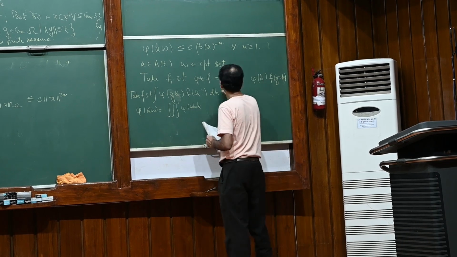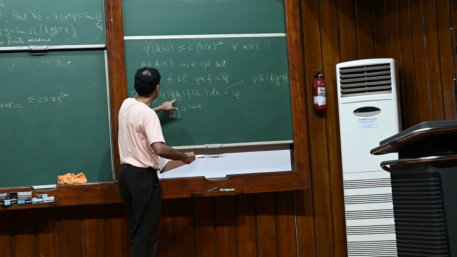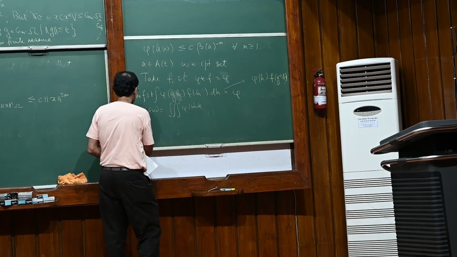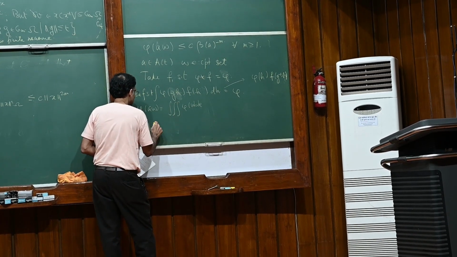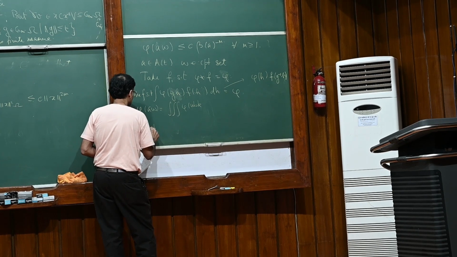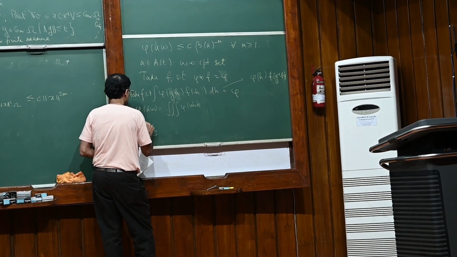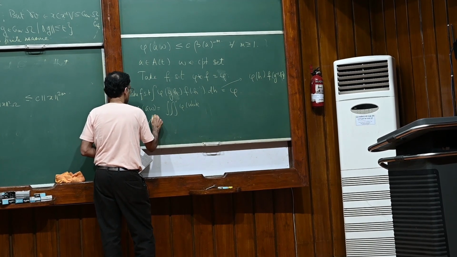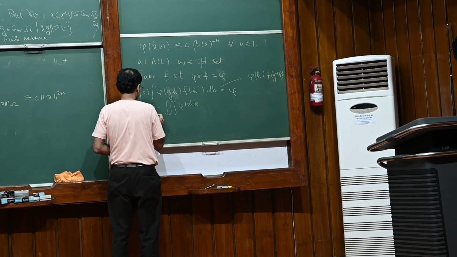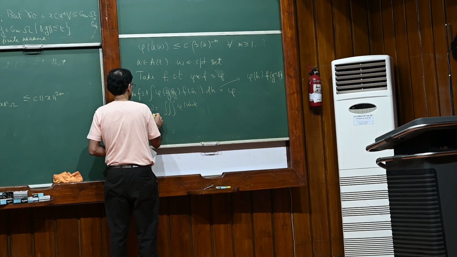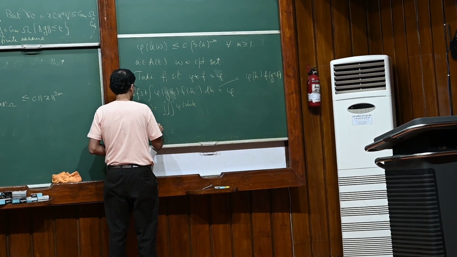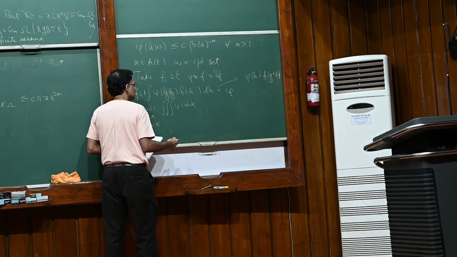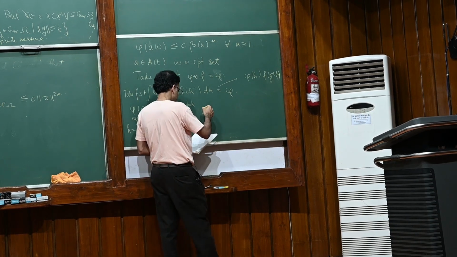Change variable. When I do that, I will write my h as u times b times k. Here h equals u times b times k. This is Iwasawa. This b is in A, and this is in K. So I have phi of u b k.